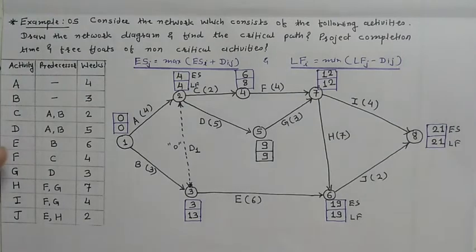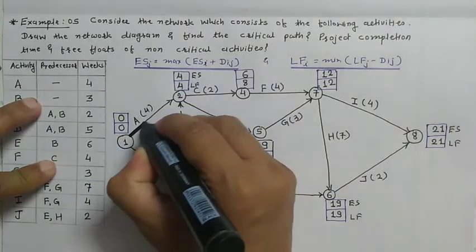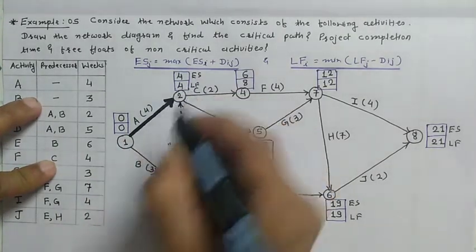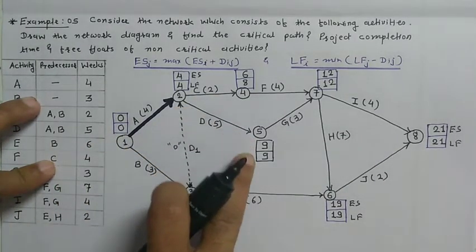So to draw the critical path: 1 to 2. This is not the critical path, this is the critical path, because both values are the same.